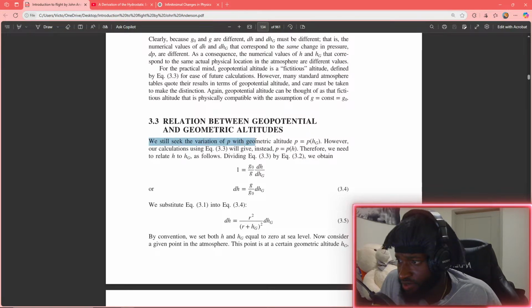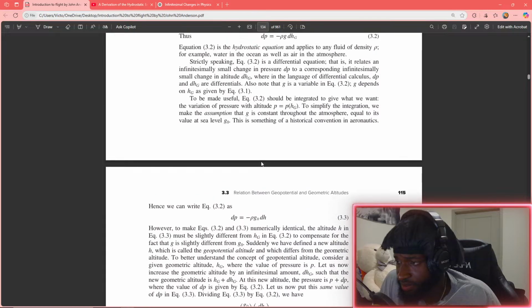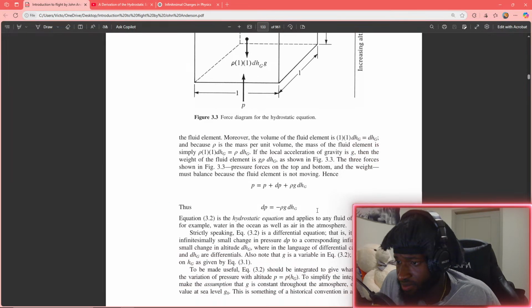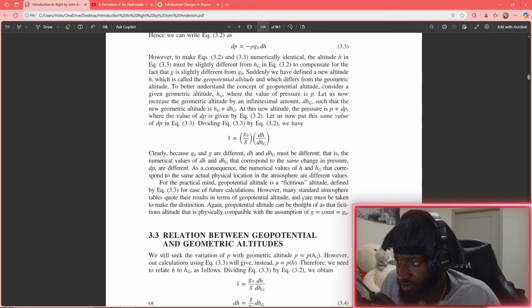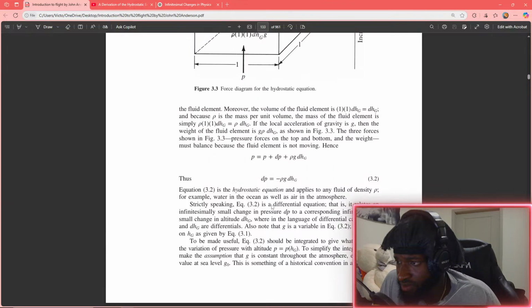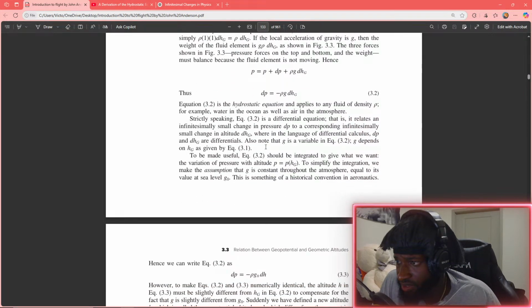Since the pressure is given by P equals rho g h_G for geometric altitude, however, calculations using g0 instead give P equals rho g0 h. Therefore, we need to relate h to h_G as follows. We obtain, dividing equation 3.3 by 3.2, the rho and P will cancel out.